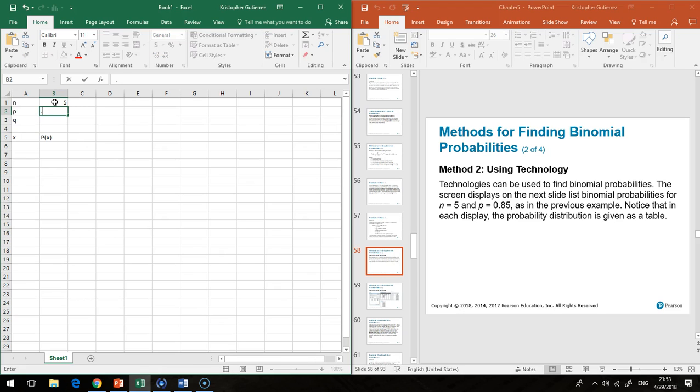P is 0.85. And Q is equal to 1 minus P. That's 0.15.